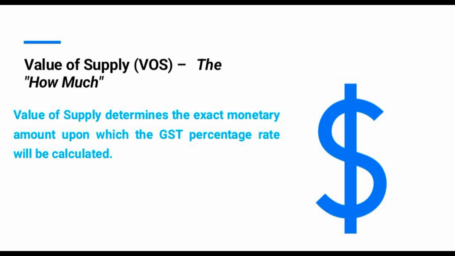The value on which GST is calculated is called the taxable value, and what you pay, the GST, is called tax. Taxable value plus the tax is the invoice value. Okay. So value of supply determines how much you pay. So that is the prerequisite of GST.